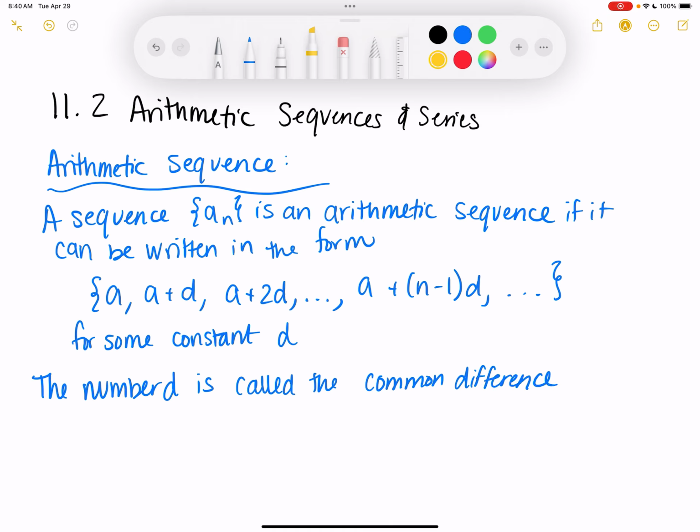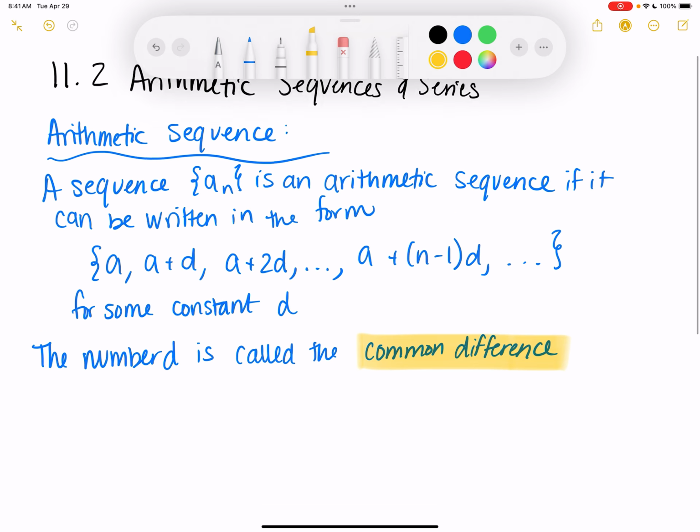So your book is nice because they teach arithmetic sequences separate from geometric sequences. A lot of books combine them into one, and you're having to distinguish which one's which when you're just learning the material. So in this section we're only dealing with arithmetic sequences, and we only have a common difference, because geometric calls its common thing a common ratio instead.